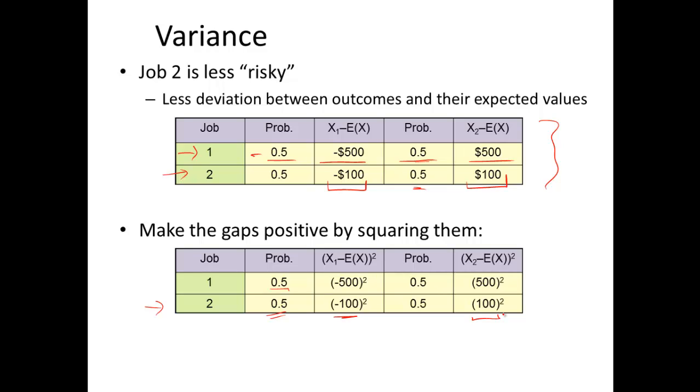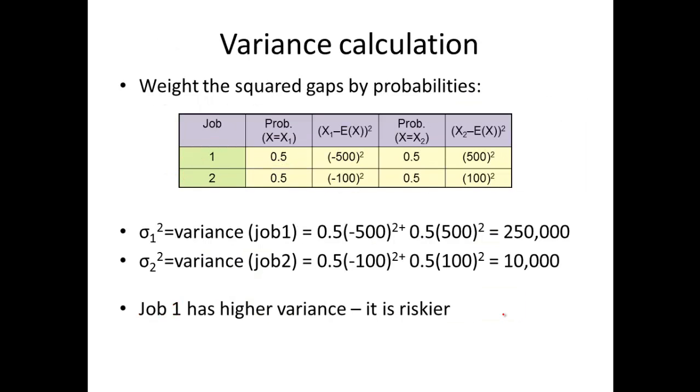So when we take the expected values of these squared gaps, now what we'll have is variance. So let's do that explicitly on this slide. The variance calculation is to weight the squared gaps by the probabilities of occurrence.